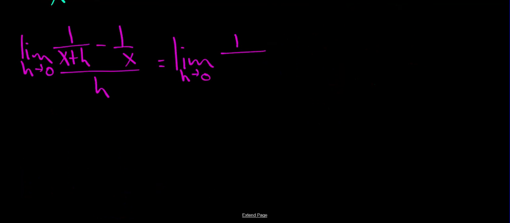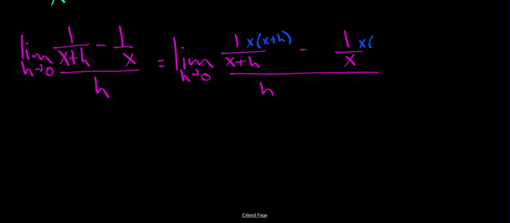So this is 1 over x plus h. So I just multiply by x times x plus h.